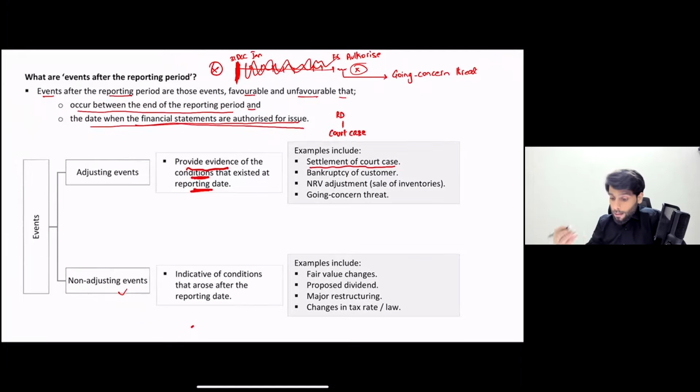It is possible that the company may also have provided for this court case. Some provisioning may have been done based on the probability and on the conditions being met under IAS 37. So at the reporting date, your company knows that a court case is going on, and they may certainly have provided for it.